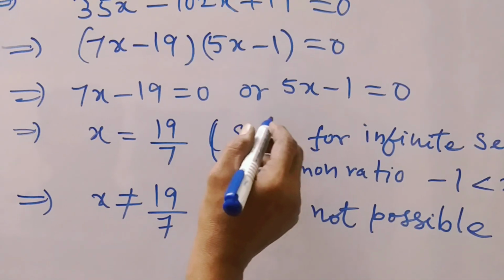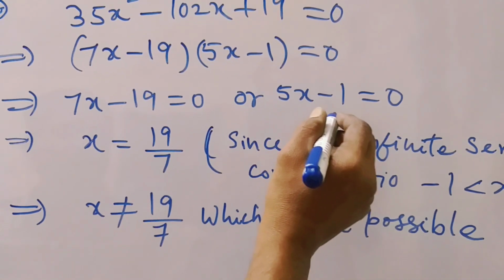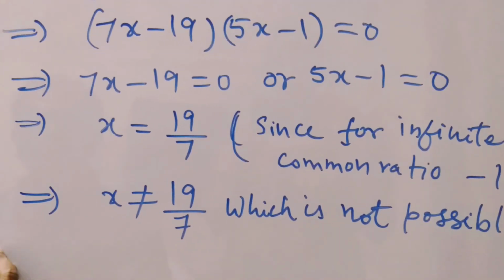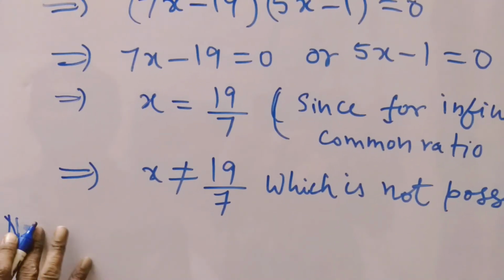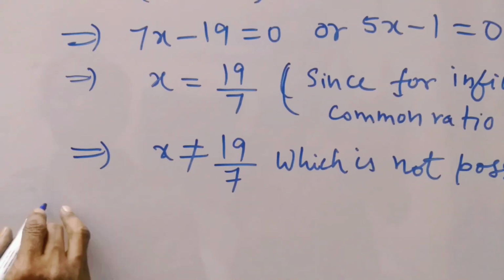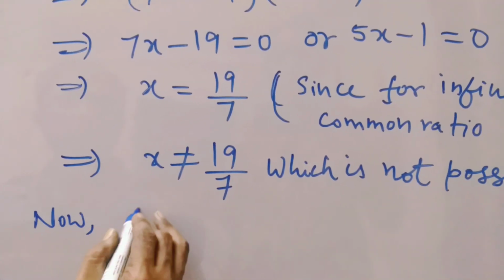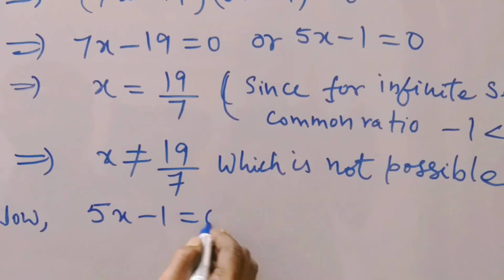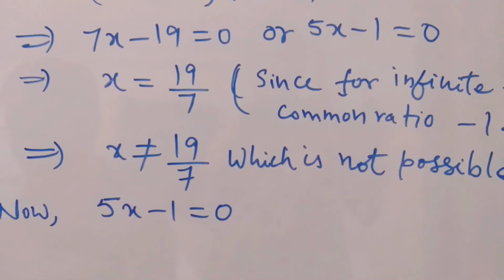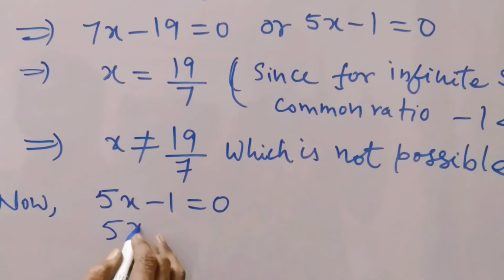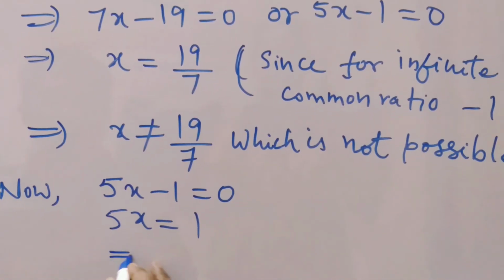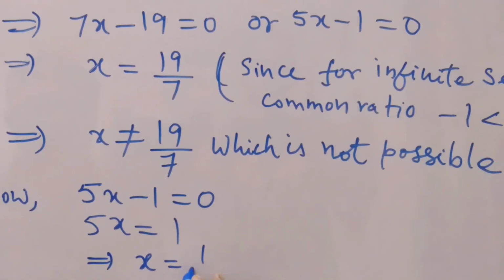One more factor is there: 5x minus 1 is equal to 0. 5x is equal to 1. So x is equal to 1 by 5.